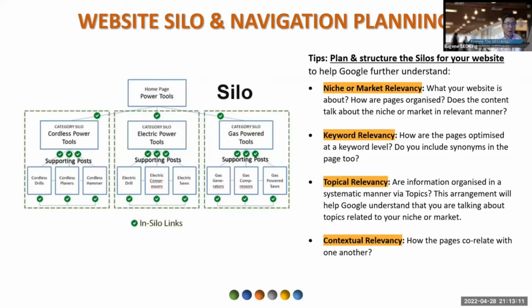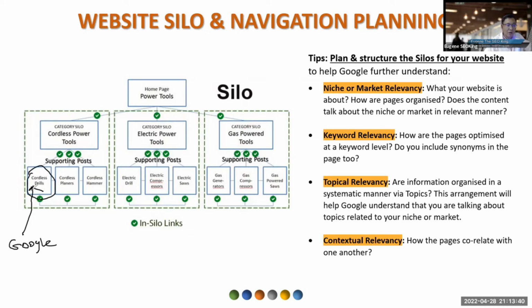So imagine I have a power tools business. In my power tool business, I sell three types of products: cordless power tools, electric power tools, and gas power tools. And through that, let me do some annotation. So imagine Google managed to discover the cordless drills page.